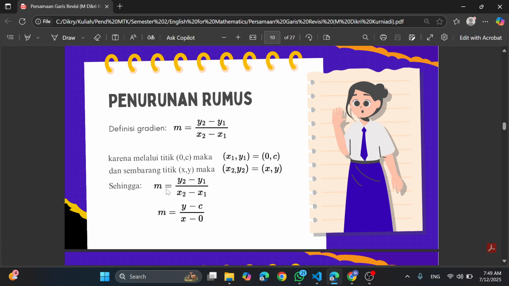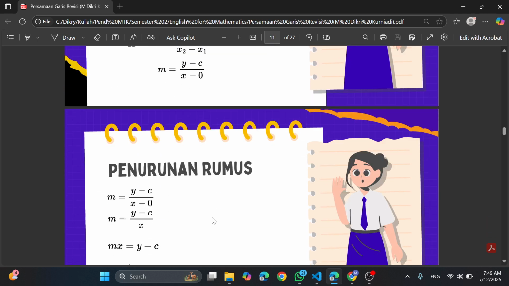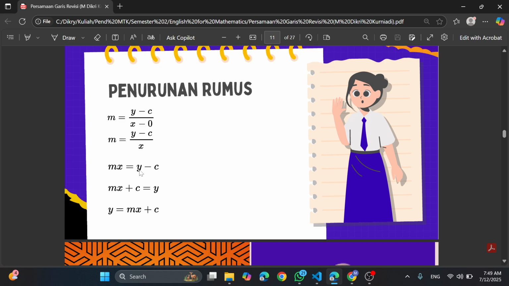Therefore m equals y2 minus y1 over x2 minus x1. M equals y minus c over x minus 0. M equals y minus c over x. M times x equals y minus c. M times x plus c equals y. Y equals m times x plus c.